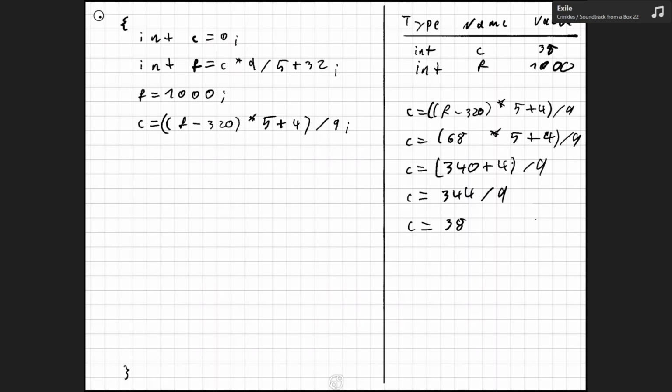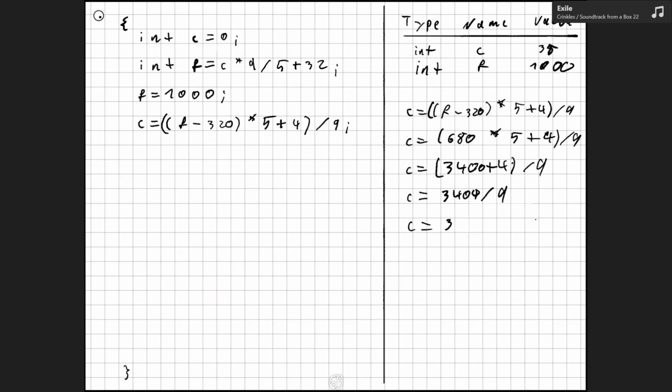And if we did that, we have 1000 in here and 320 in here. So this takes 680. This would be 3400. Or this would now be 3404 divided by 9.